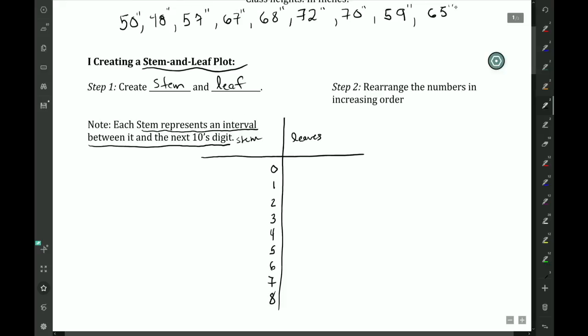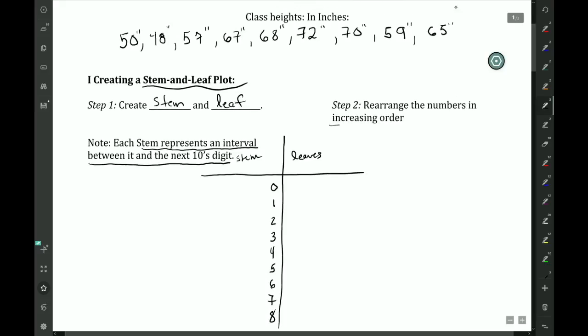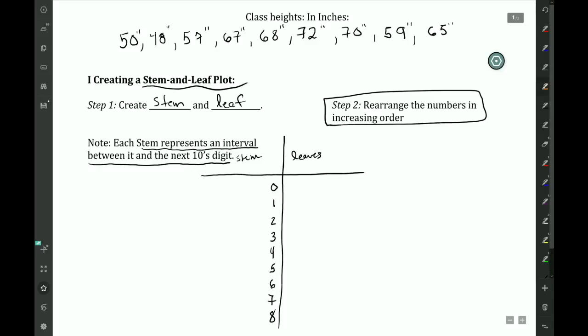And we also want to rearrange our numbers in increasing order. I almost did that with the exception of these last three.